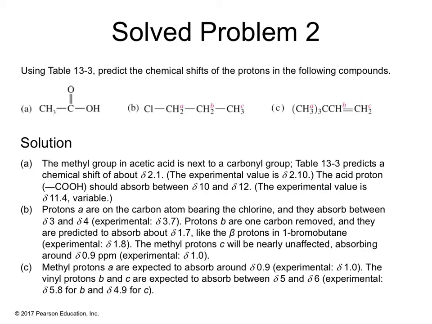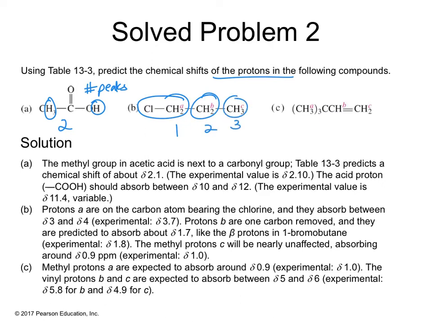Okay, predict the chemical shifts of the protons in the following compounds. Okay, so how many? Let's do number of peaks. First one you would see 2. What about here? This would be 1, 2, 3. So you'd see 3.